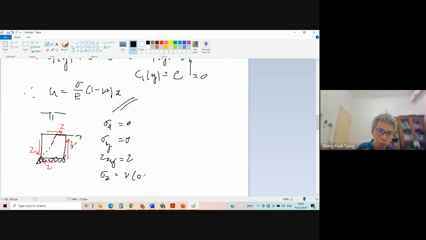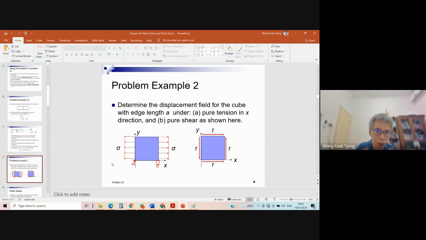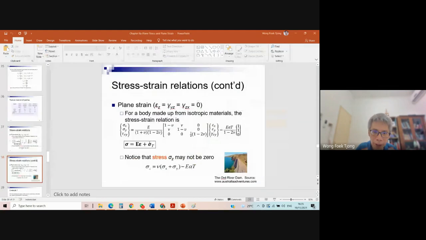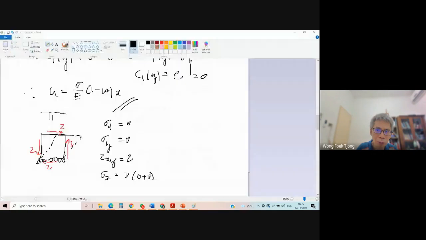But both are 0, so there is no temperature effect following this formula. So whether you consider it as plane stress or plane strain, no problem, the result will be the same, as I talked about last week, because sigma z equals 0.